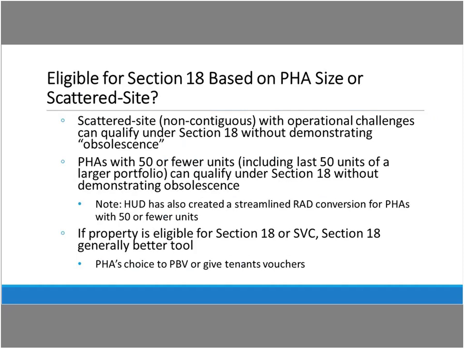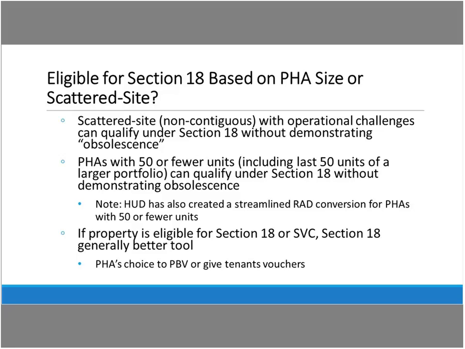So all of this builds upon that last matrix that we thought about, where we started with preserve or voucher out, and then RAD rents higher or lower than FMR, and then if RAD rents are lower, then we want to go Section 18. So now we're just going to review the eligibility for Section 18 to make sure that's fresh on folks' minds.